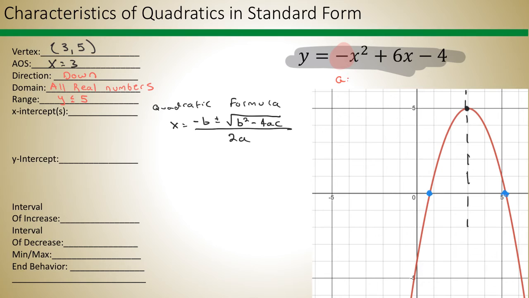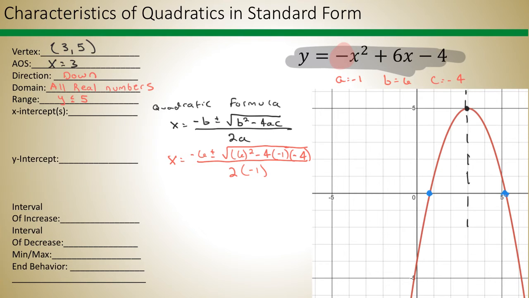So a is actually -1, b is 6, c is -4, and we're going to sub those things in. So we get x is equal to -6 plus or minus the square root of 6 squared minus 4 times -1 times -4, all of that over 2 times -1.